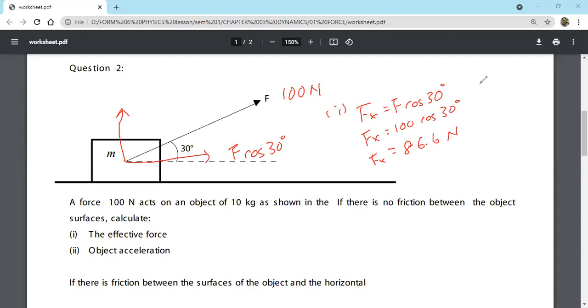How about the acceleration? Fx equals ma, because when we pull like that, the object will move in this direction, right? So 86.6 equals m, the mass of the object, which is 10 kg, times the acceleration. So acceleration is equal to 8.66 ms^-2.